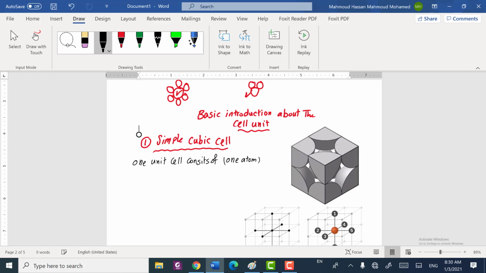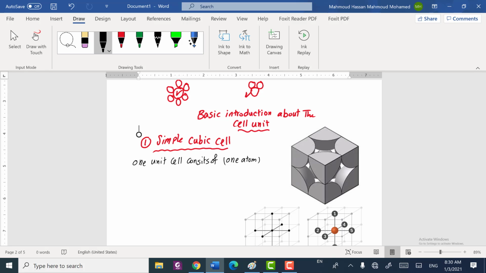If we look at this shape, we'll find it consists of only 1 atom. Why? Because each part in this cube consists of 1/8 of the atom.